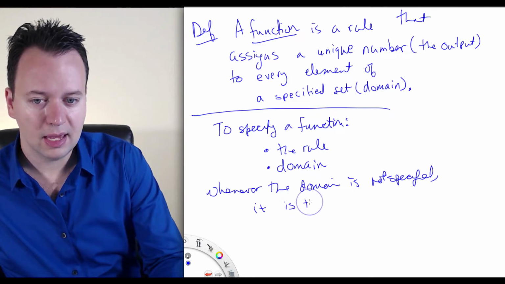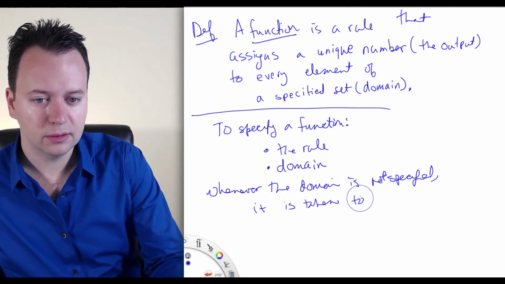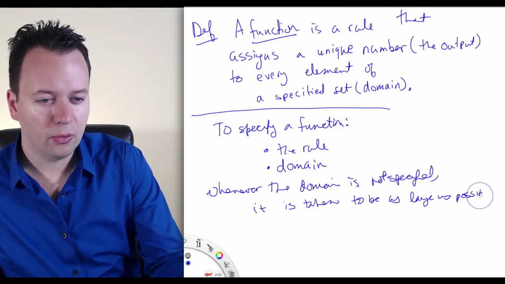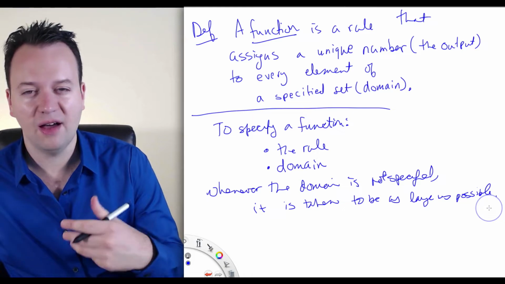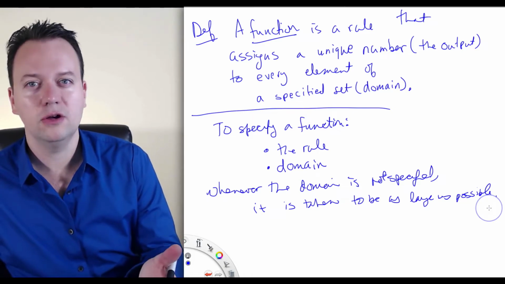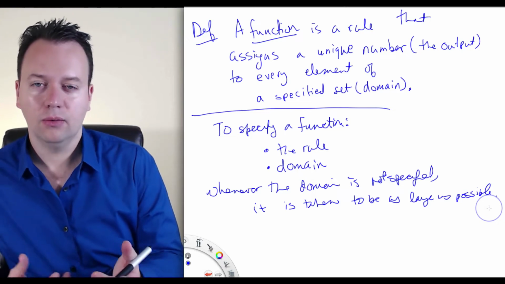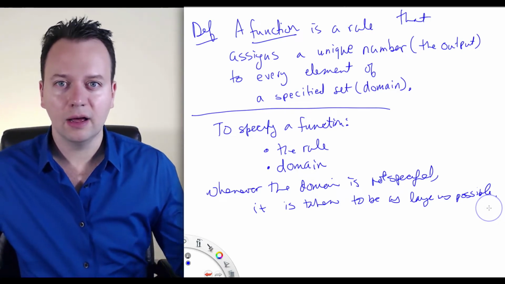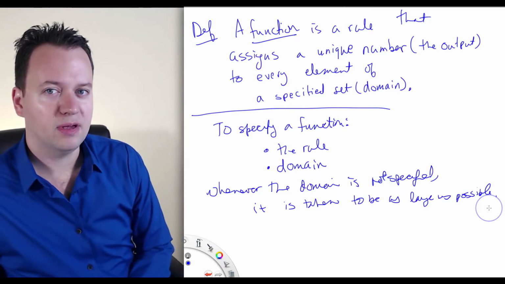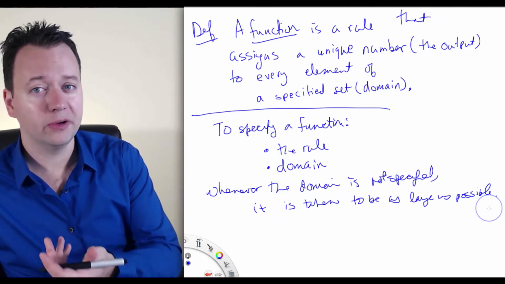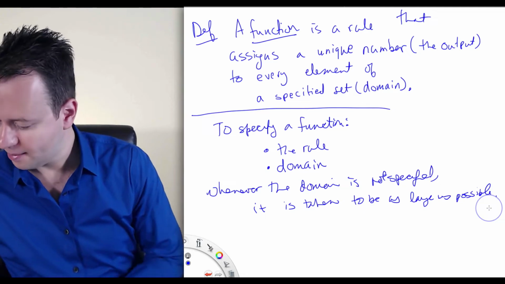This rule of thumb really becomes important when you have actual equations. So if you have an equation that defines your function, the largest possible set on which that equation can be defined will be the domain, unless a smaller, more restrictive domain is specified.